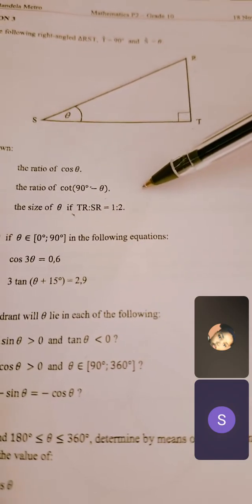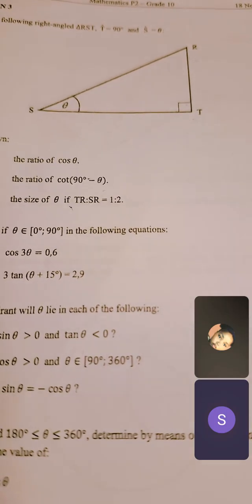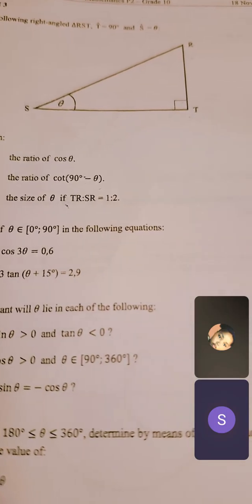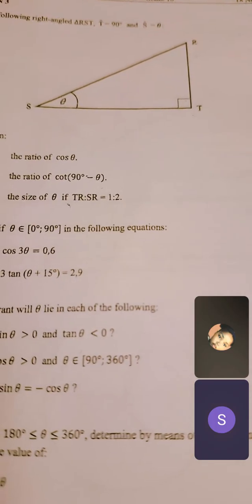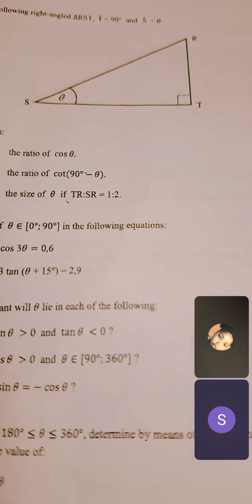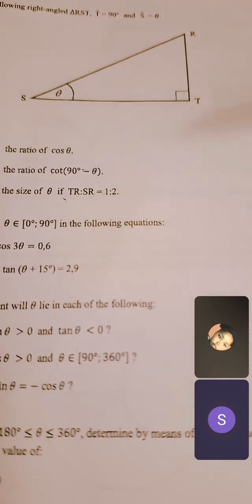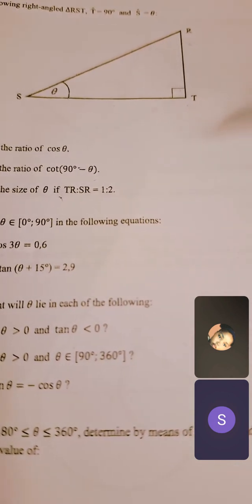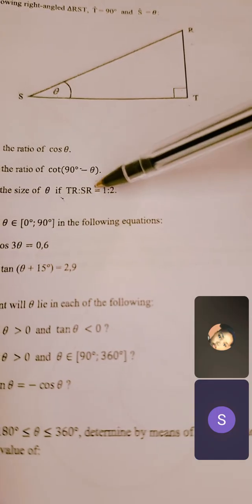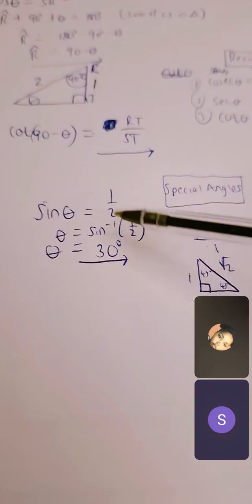The word ratio is the root word for rational, and a rational number is a number that can be written as a fraction, where the numerator and denominator are integers. So 1:2 is the same thing as 1/2.